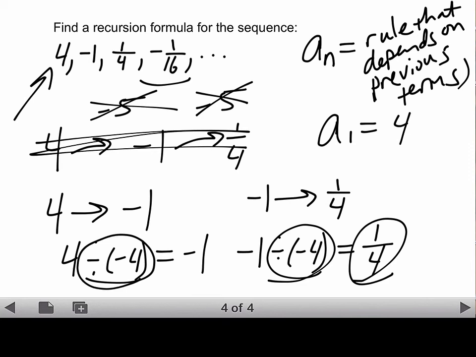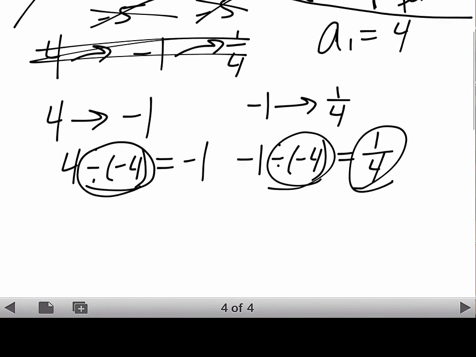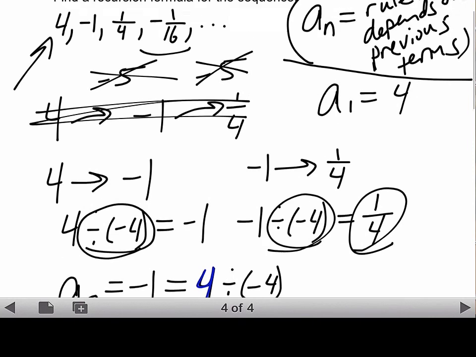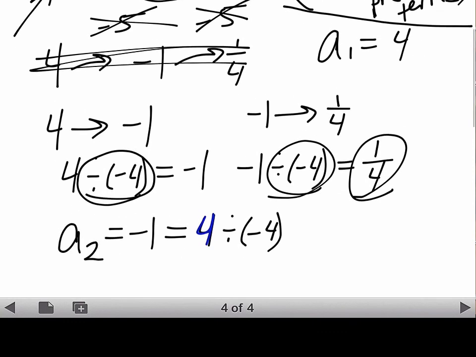Now remember, we're looking for a recursively defined sequence. So I need a rule that depends on previous terms. So a sub 2, in this case, which was negative 1, was achieved by taking 4 and dividing it by negative 4, right? This 4 right here was our first term.